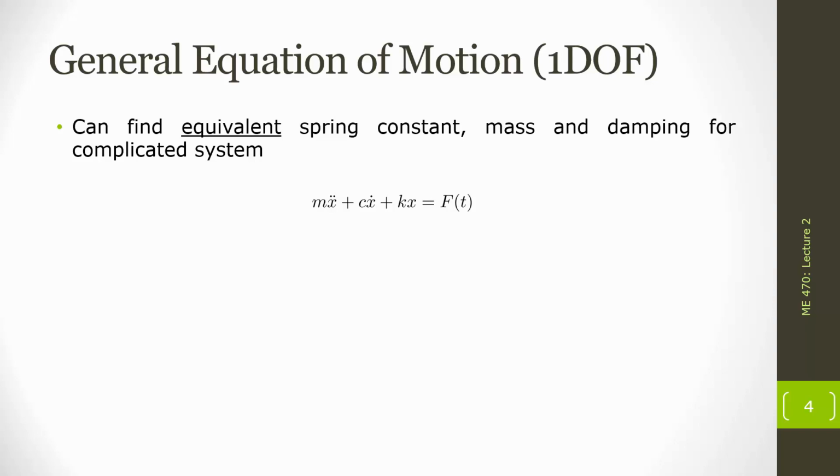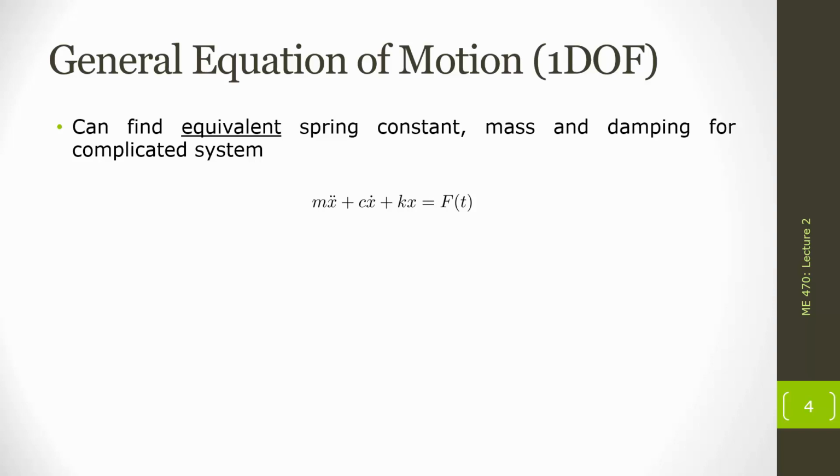Now, we might have a fairly complicated system, even if it's only one degree of freedom. So usually when we're talking about the m, the c, the k in this equation, we're really talking about an equivalent mass, m, an equivalent damping coefficient, c, and an equivalent spring constant.